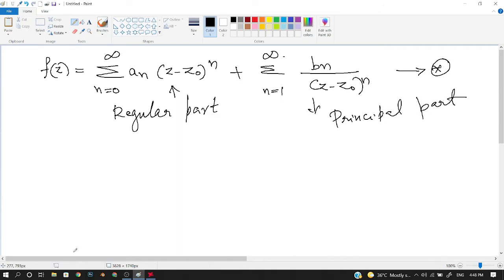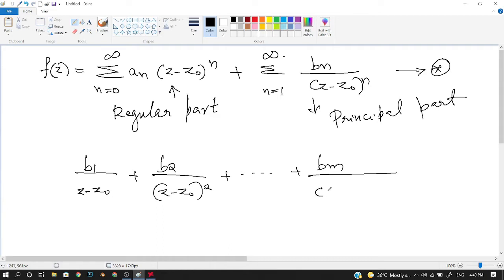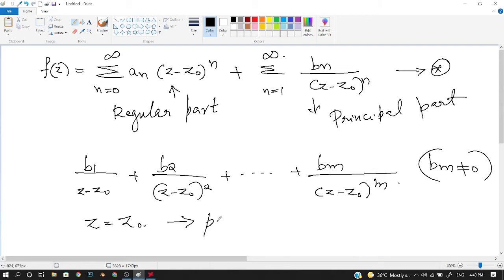Principal part. If the principal part contains only a finite number of terms of the form b1 by z minus z naught plus b2 by (z minus z naught) whole square plus etc. plus bm divided by (z minus z naught) whole raised to m, with bm not equal to 0, then z equal to z naught is called a pole of order m.